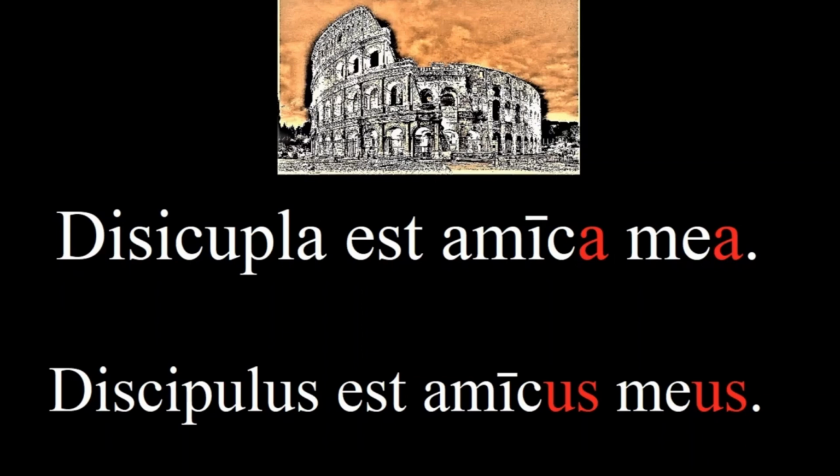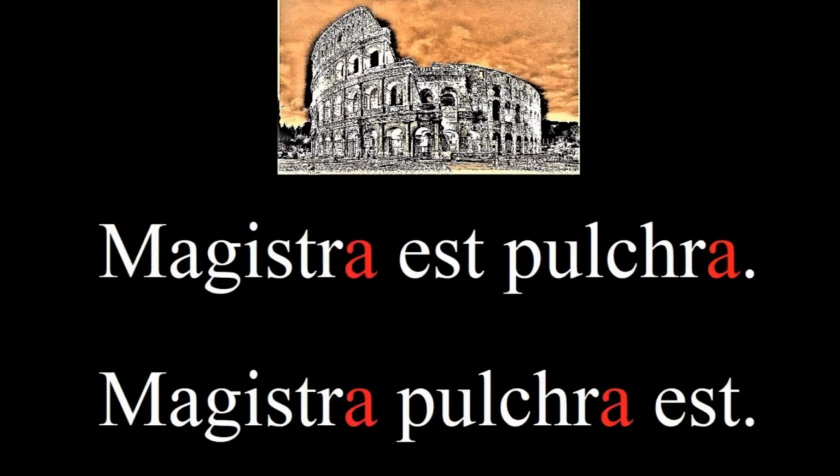Do you remember how to say beautiful? Try to say, the teacher is beautiful. Magistra est pulcra, or magistra pulcra est. Because est is like an equal sign, the adjective matches the noun. So when we have a male noun, pulcra will change form, but it declines like liber, not like amicus.